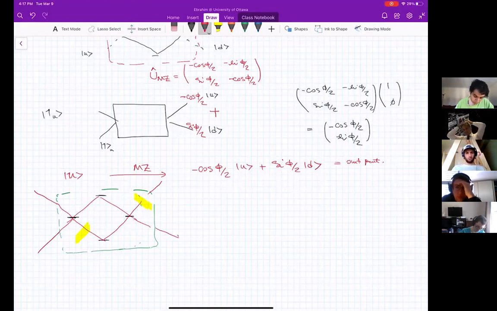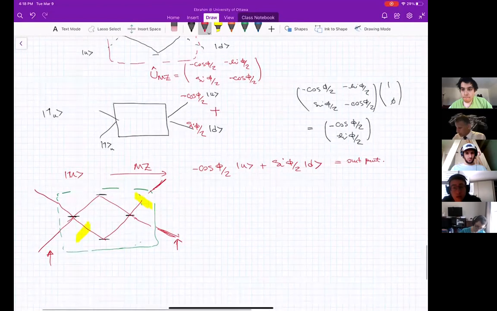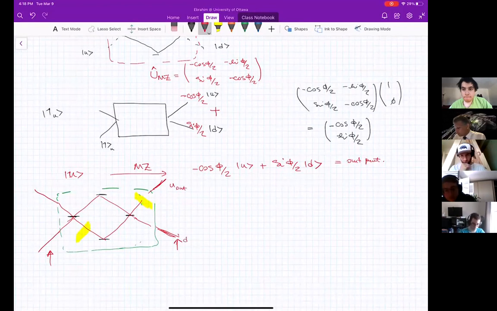As an exercise, okay? Link the creation and annihilation operators here to the input ones. Do you know what I mean? I'm asking you to build up exactly what I have done for the beam splitter. For the two output modes, let's call them up of output and down of output.